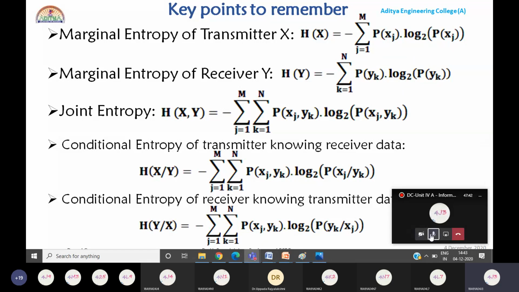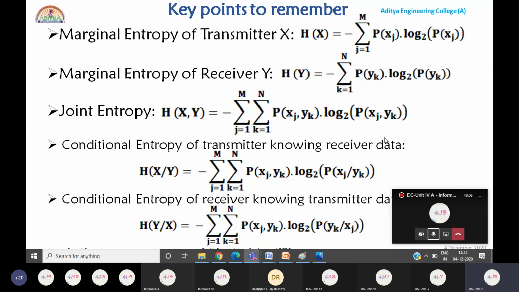Conditional entropy of a transmitter knowing the receiver data is given by h of x by y equals to minus summation of j equals to 1 to m summation of k equals to 1 to n p of xj comma yk log base 2 p of xj by yk.